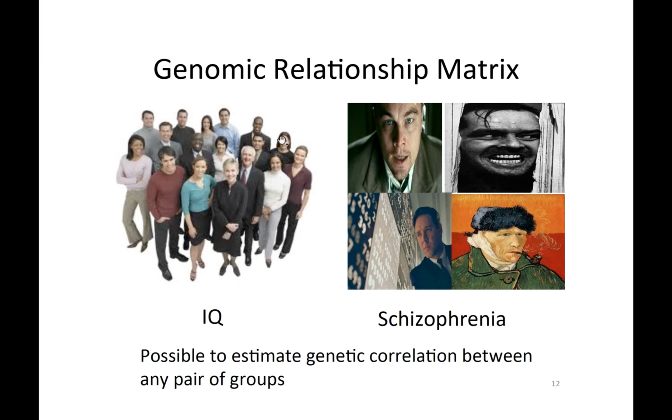Because of this paradigm-shifting concept, it is now possible to estimate genetic correlation between any pair of groups, for example IQ in the general population compared with people with schizophrenia. This kind of experiment was never possible before, but now it is possible based on genomic information.